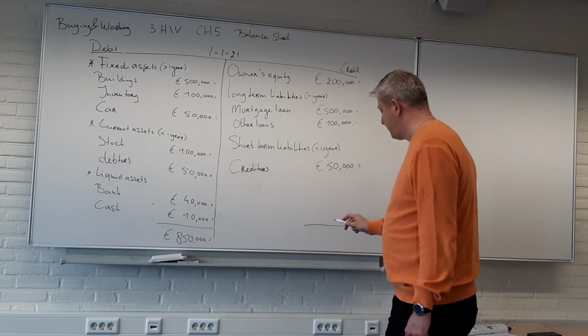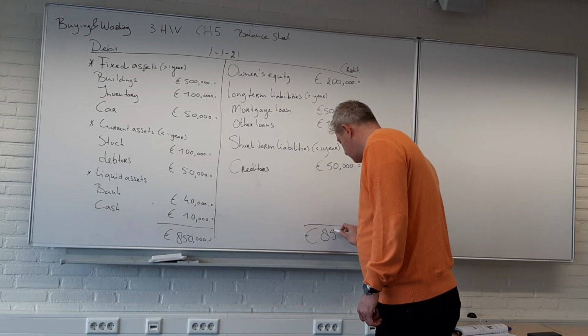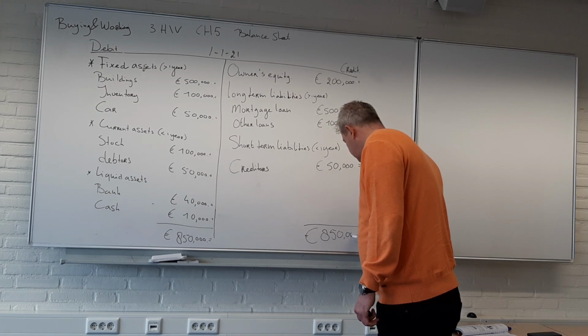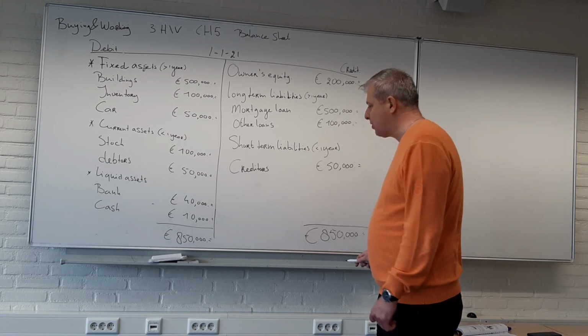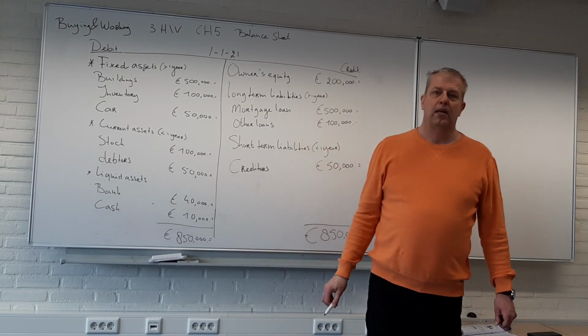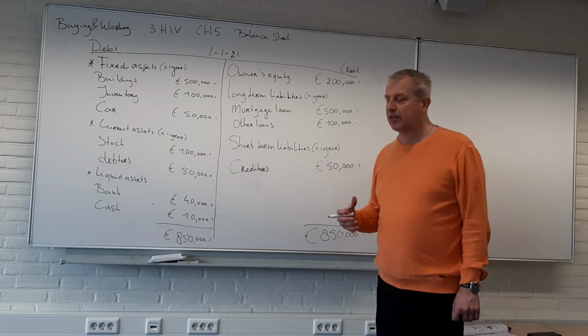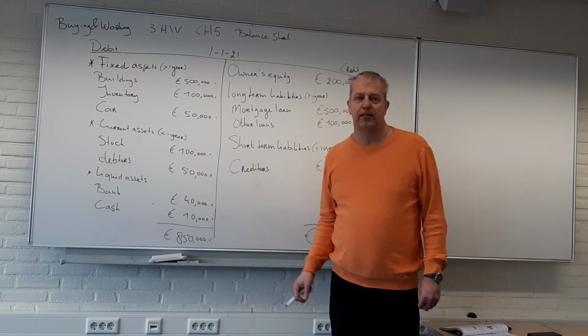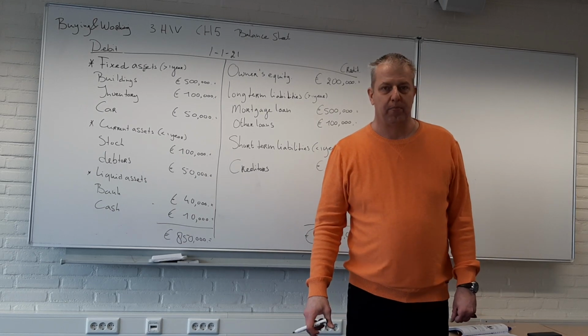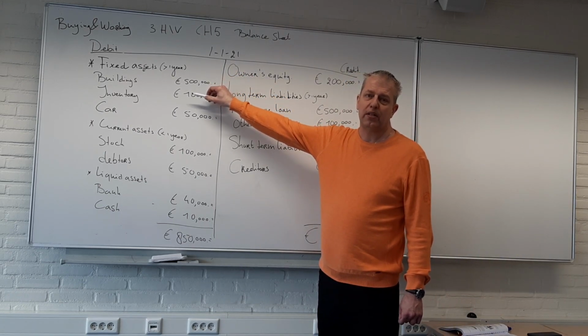850. And now we see something special. Because it's no coincidence that these are the same. And that's why a balance sheet is called a balance sheet, because it's in balance. This equals that. And now, why is that? Because everything that a company owns is here.